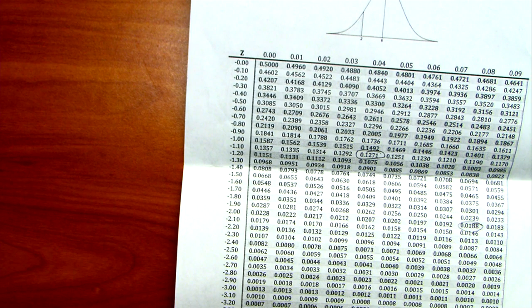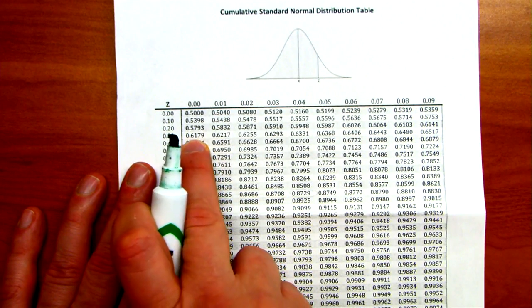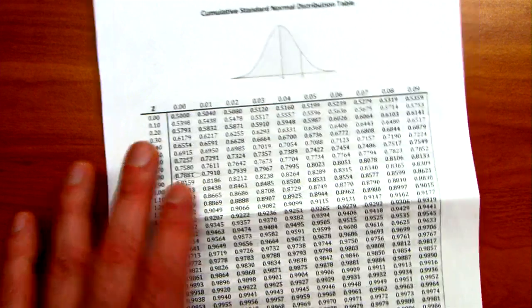If I say, what's the probability that x is greater than 94? Well, I have to convert 94 to a z value. 94 minus 90 divided by 10 gives me the probability z is greater than 0.4. I look up 0.4, and I get 0.6554.